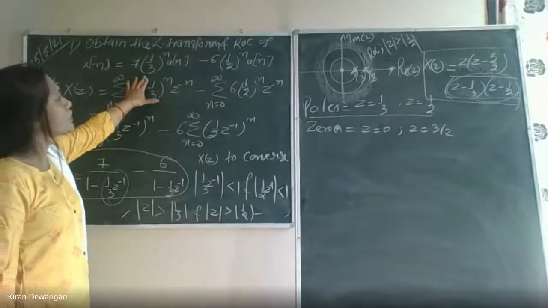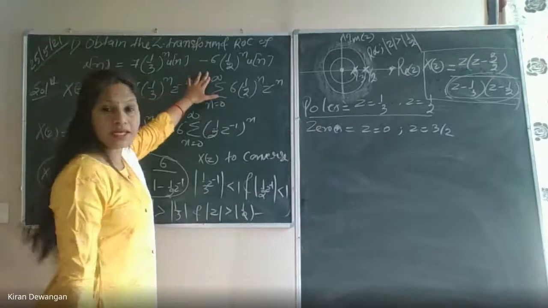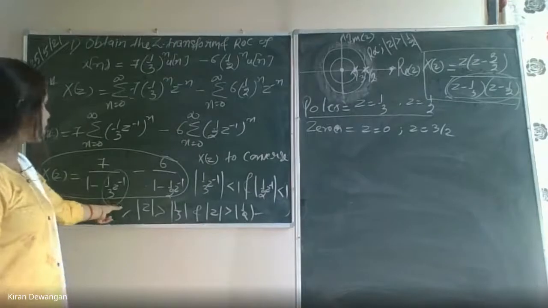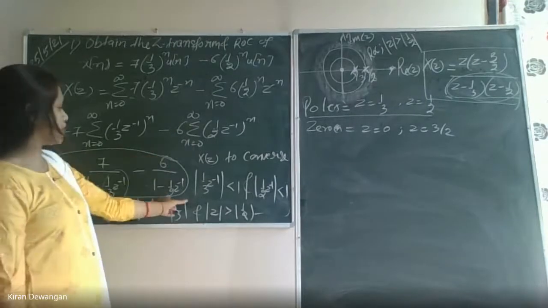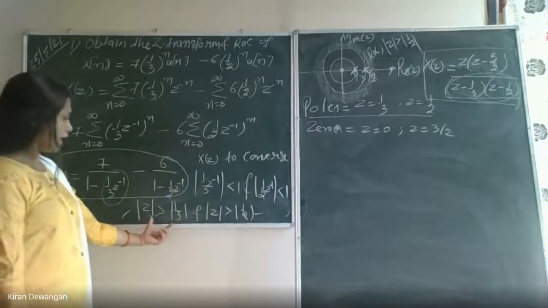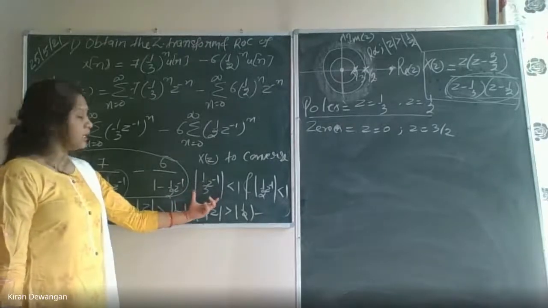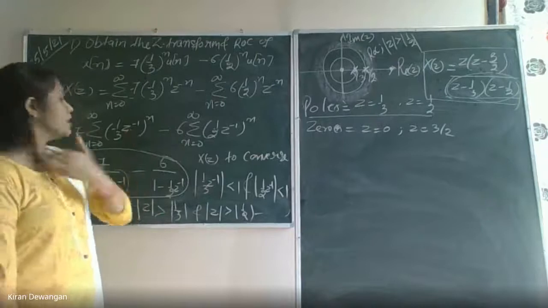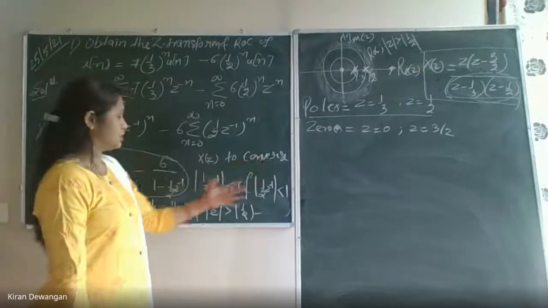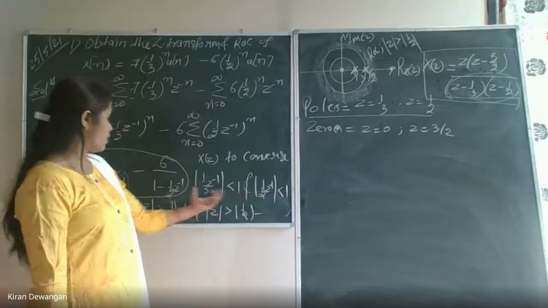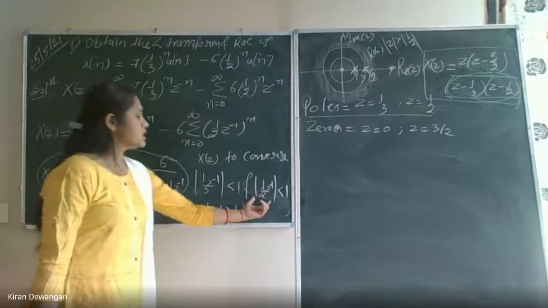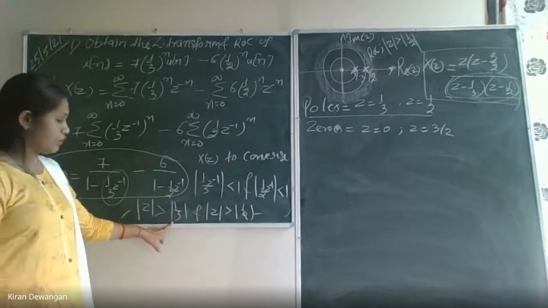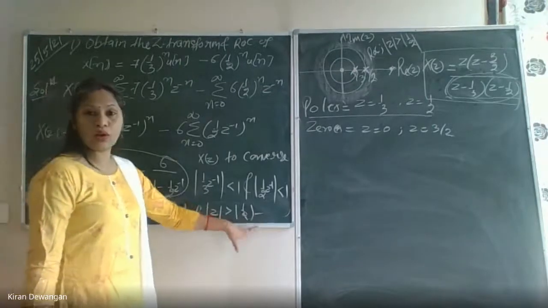If we have a function which has two parts in it, individually we will calculate its X(z), मतलब इस part का अलग रहेगा, इस part का अलग रहेगा. Then we try to find where each term converges, so that the complete X(z) converges. For that, this has to be less than 1, and from here this has to be less than 1, and from here we get that mod of z should be greater than mod of 1/3, and mod of z should be greater than 1/2.